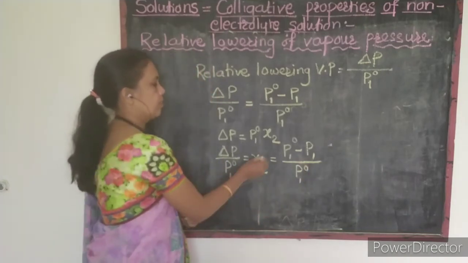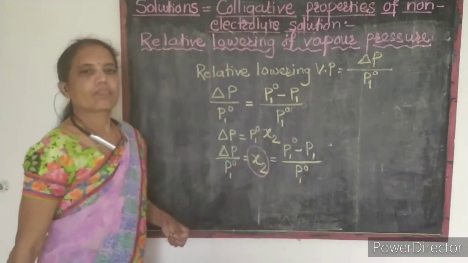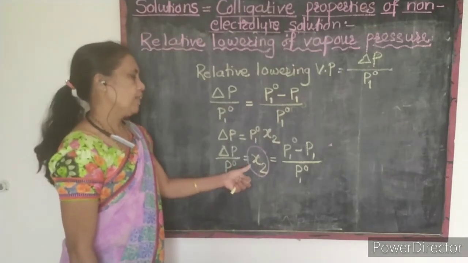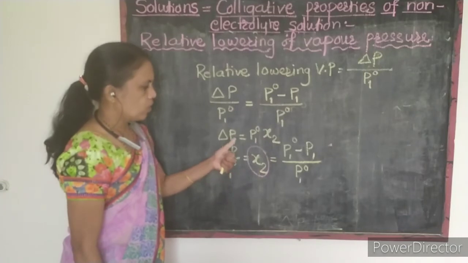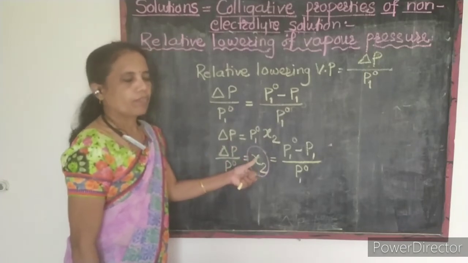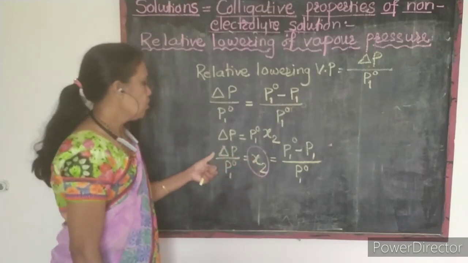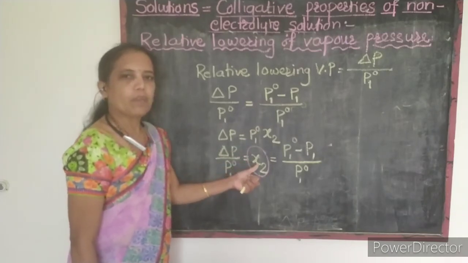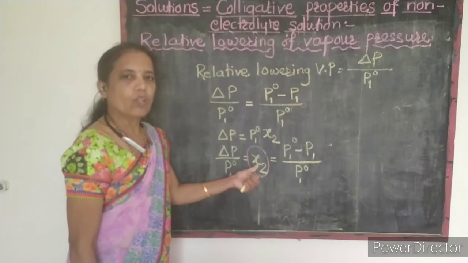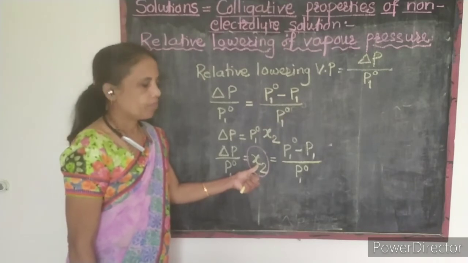And from this it is shown that lowering in vapor pressure is a colligative property, and relative lowering in vapor pressure is also a colligative property because it depends only on solute particles.